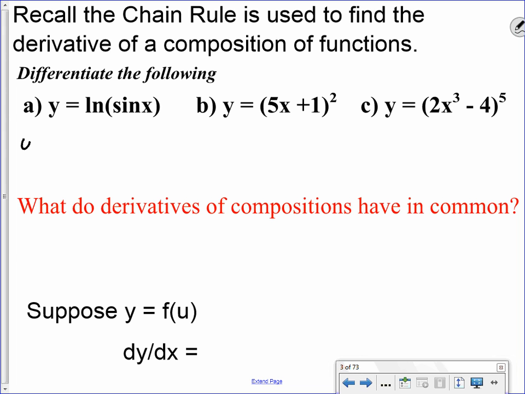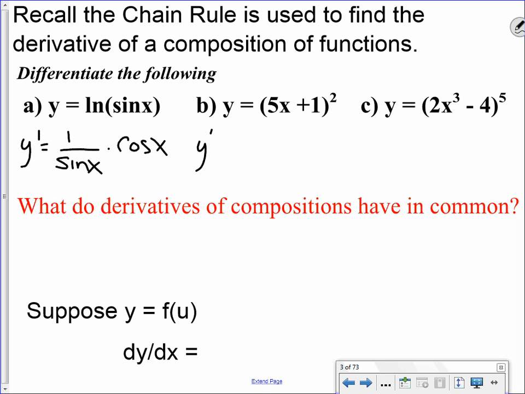What is the derivative of the ln of sine x? 1 over sine x, but then you have to multiply by cosine x. So we're not going to simplify. I know it's cotan x, but u prime over u, or 1 over u times u prime. All right. What about the next one?